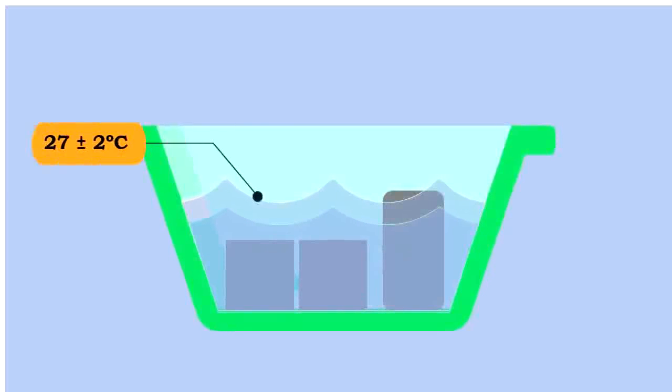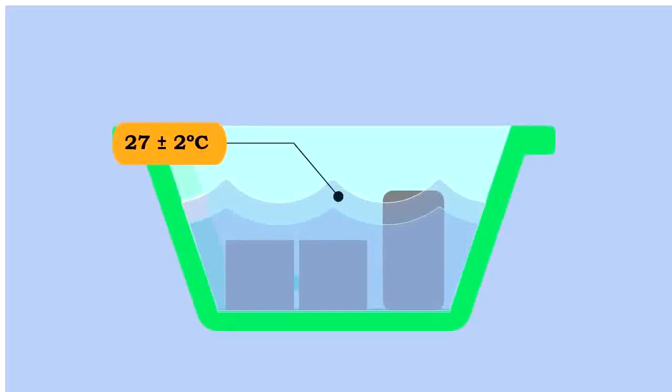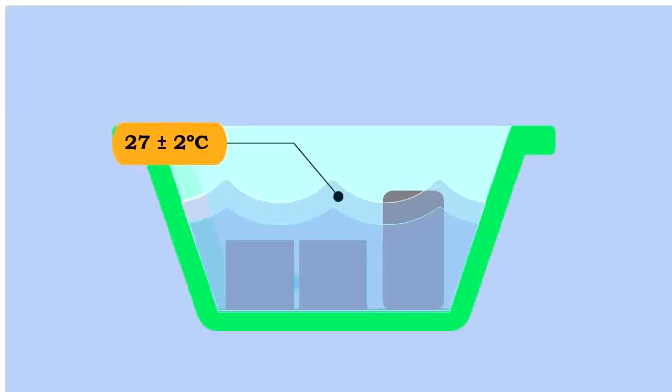After a day, the mold is removed and the specimens are dropped into the curing tank at a standard temperature of 27 plus or minus 2 degrees Celsius. After 7 days of curing, the specimen is taken out of the curing tank and dried for a while.